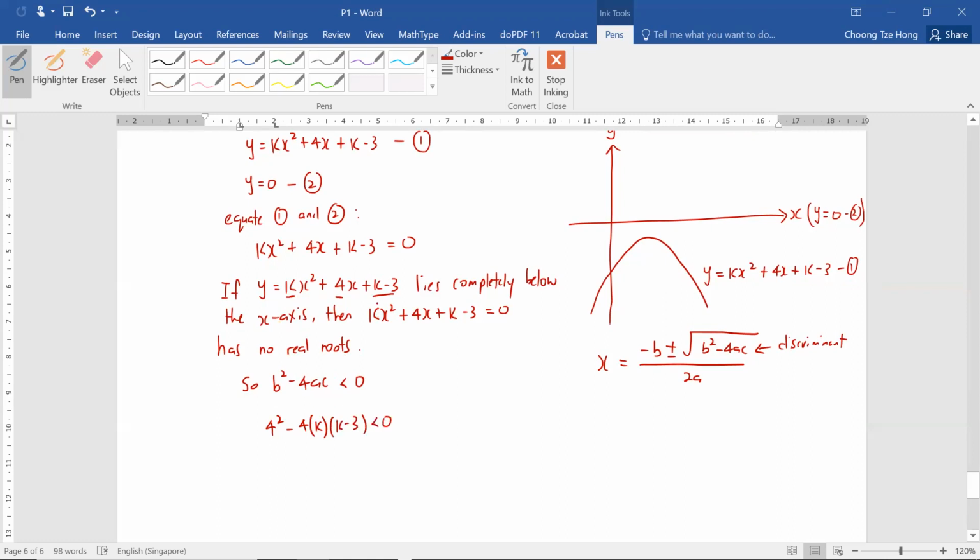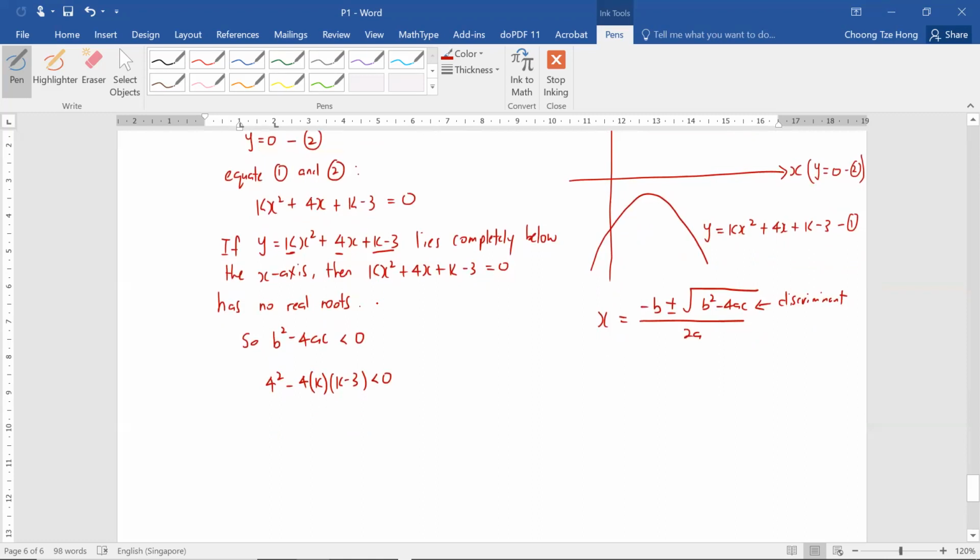Now we are just left with the simple task of solving this inequality. 16 minus 4k times k minus 4k squared, negative 4k, and negative 4k times negative 3 gives plus 12k, less than 0. Let's rearrange this first.